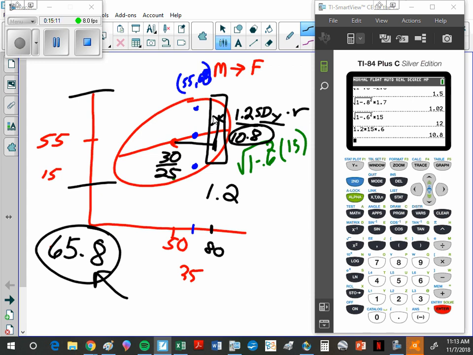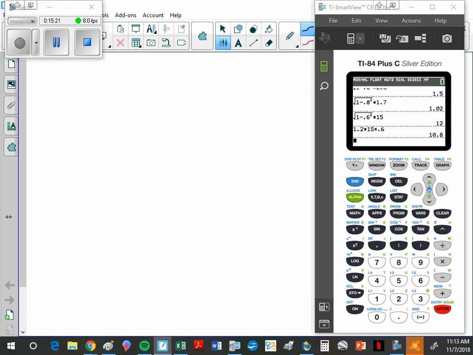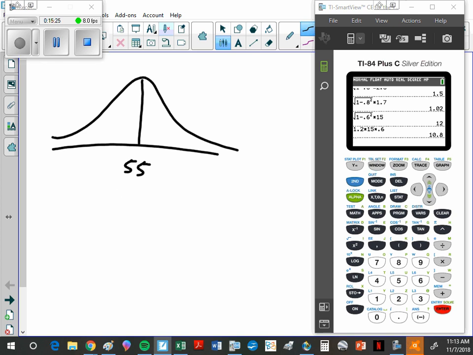I need to find a z-score in the histogram for the y values. So this graph doesn't do me any good. So I need to draw my histogram. My average is 55, and my SD is 15. And I want to know 80 and which direction?